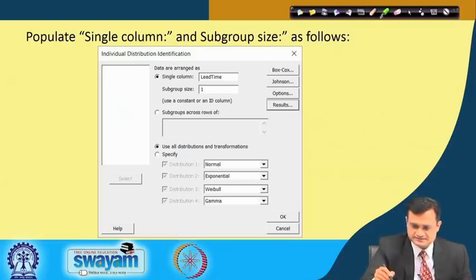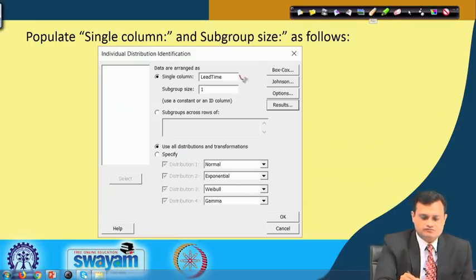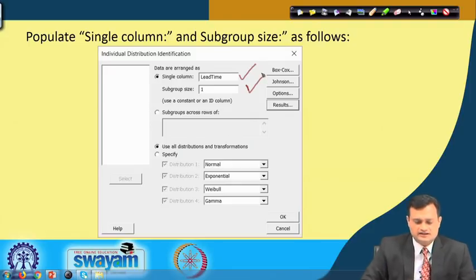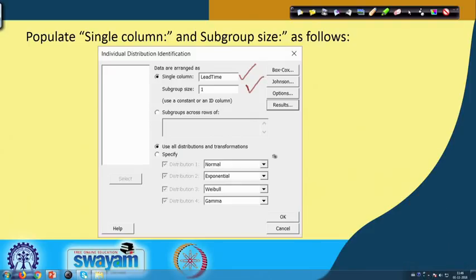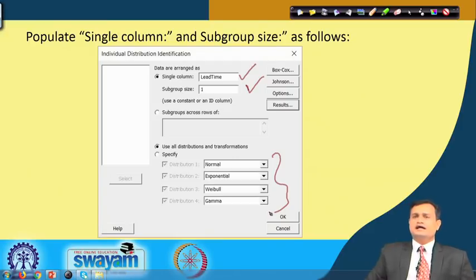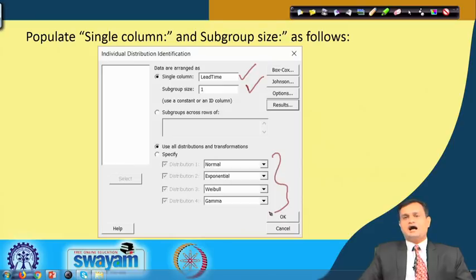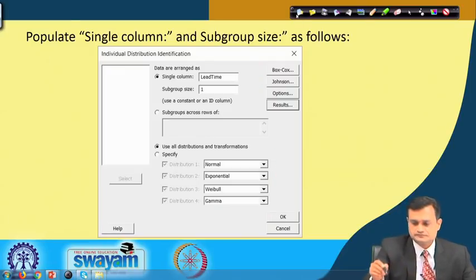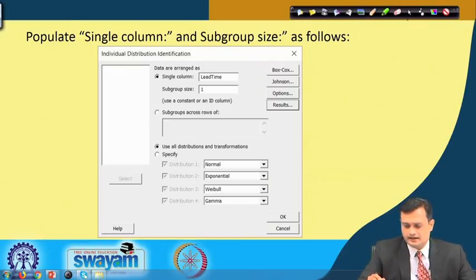Just see this: my variable of interest is lead time, the subgroup size I have considered is 1, and I am selecting the various distributions: normal, exponential, Weibull, gamma, and the output will help me understand what the best fit distribution is.